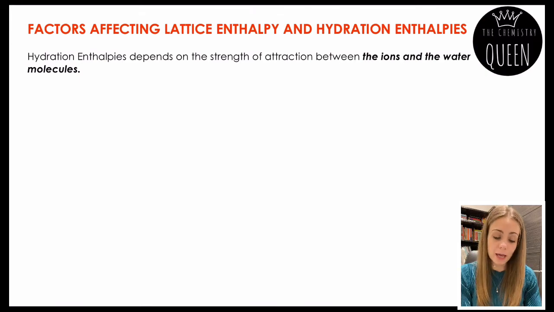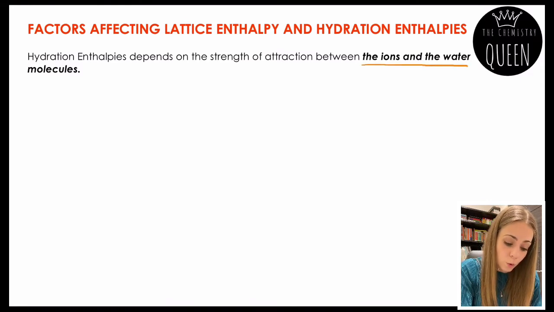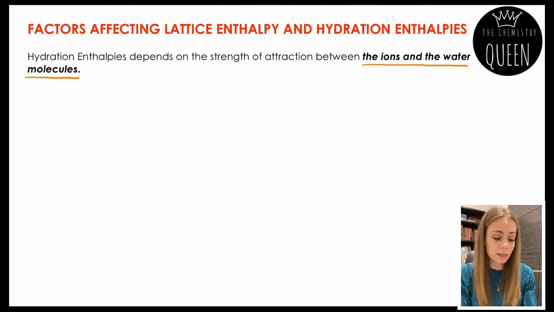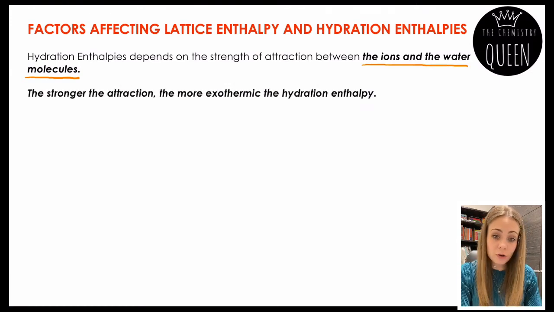With hydration enthalpies, we're looking at the attraction between the ions and the water molecules, because remember, the definition of hydration is we're taking the ions in the gas state and dissolving them in water to make aqueous ions. And the stronger the attraction between the ions and the water, the more exothermic the hydration enthalpy will be.